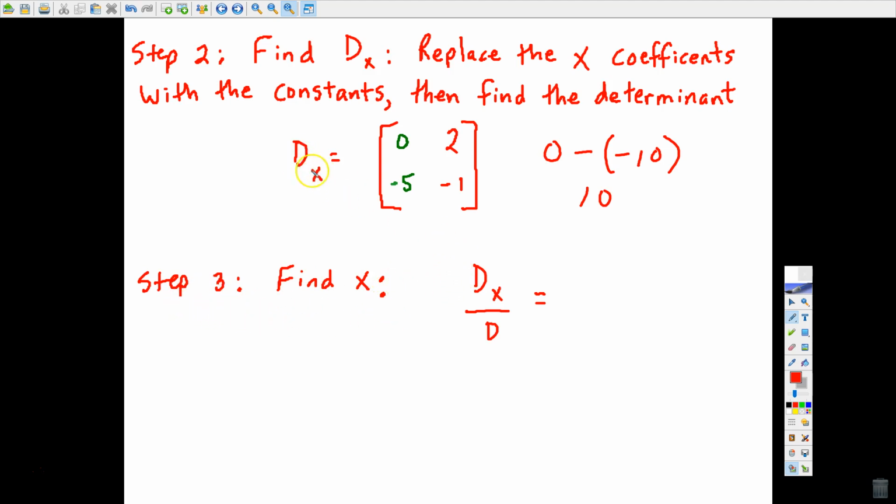I'm going to take that D sub x number, which is 10, and to find x and y, I'm always dividing by that first determinant that we found way back in step 1, that determinant of the coefficient matrix, which was what? Negative 5. Now when I do this simple division, I will have x. X is negative 2.